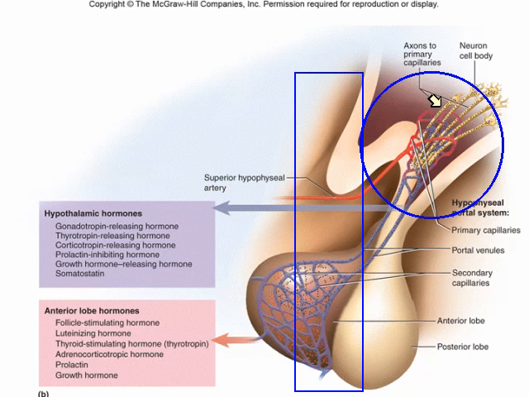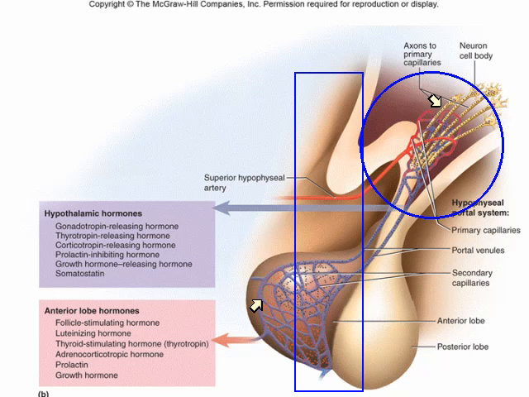Those 6 that are released and that end up down here in the anterior pit, those 6 hormones will oversee the release of such hormones as follicle-stimulating hormone, luteinizing hormone, thyroid-stimulating hormone, adrenocorticotropic hormone, prolactin, and growth hormone.